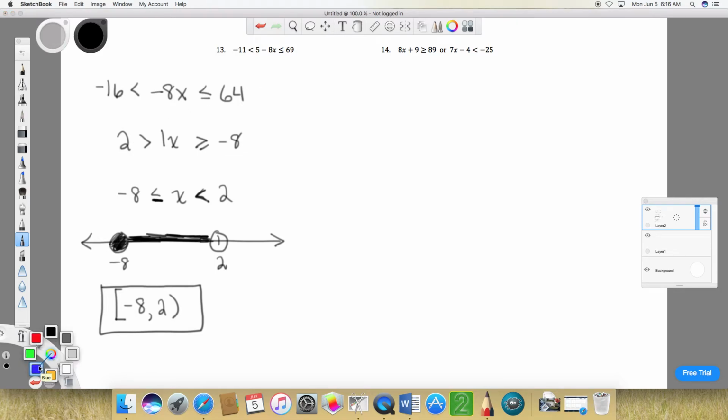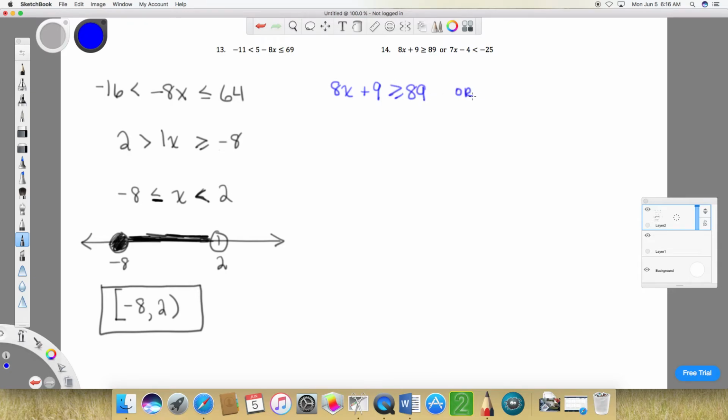So let's take a look at this next one. Now it's written with a compound inequality with the word or. So I'm going to solve these two inequalities separately. I have 8x plus 9 greater than or equal to 89.